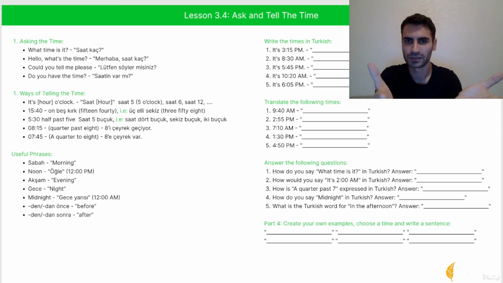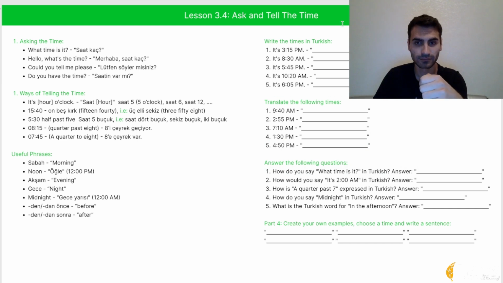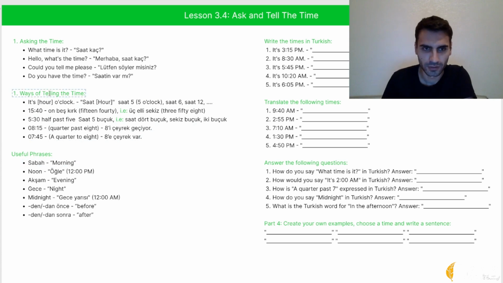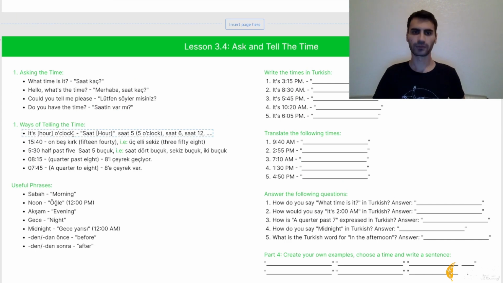It's easy to ask, but a little harder to understand. But if you know the words of numbers, I mean, if you know numbers, it's easier. Ways of telling time. 5 o'clock, for example, is saat 5.